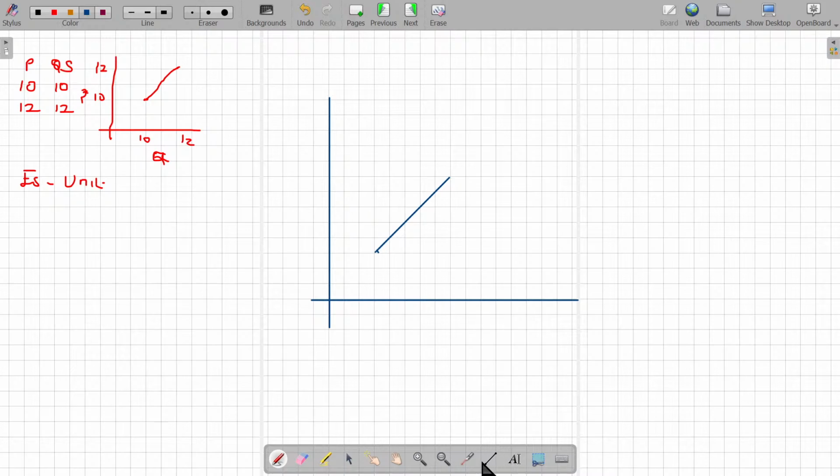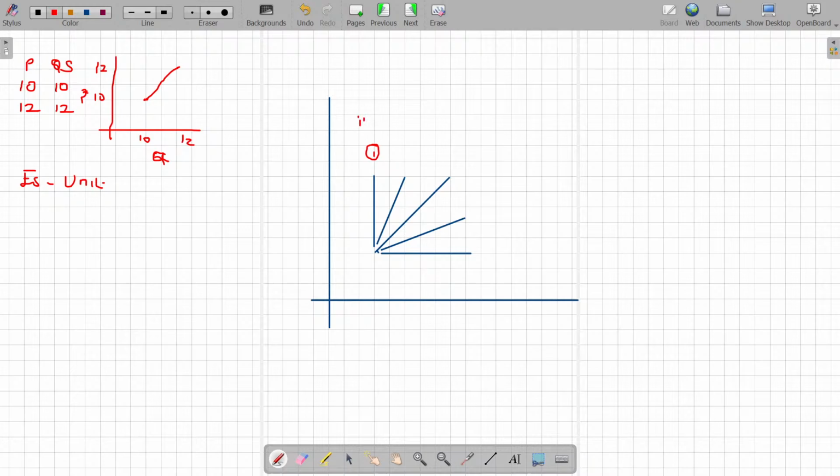Okay, this is one scenario. This may also be possible. This may also be possible. Anywhere between this will also be possible, and anywhere between this will also be possible. Isn't it? Come on, tell me. What about the first one?